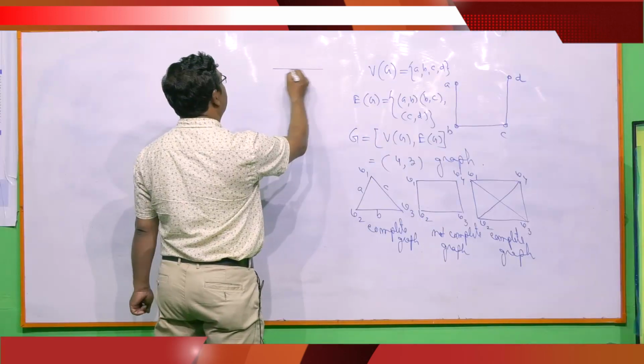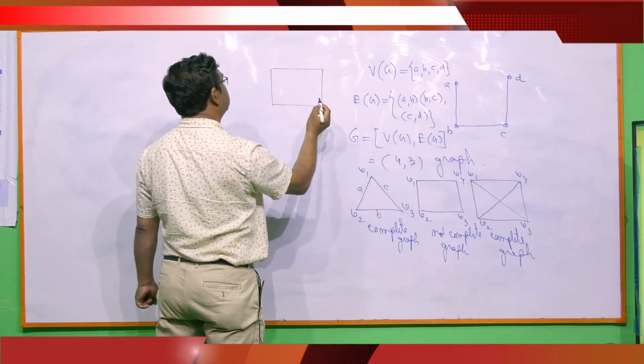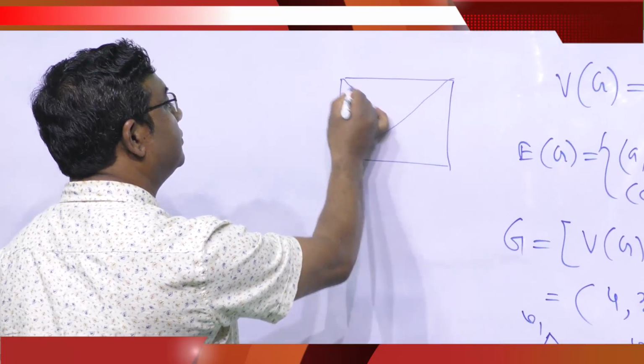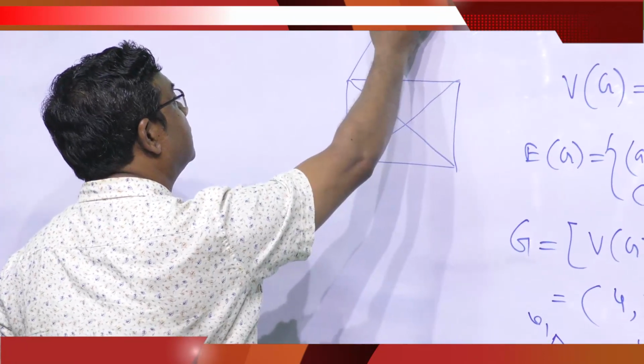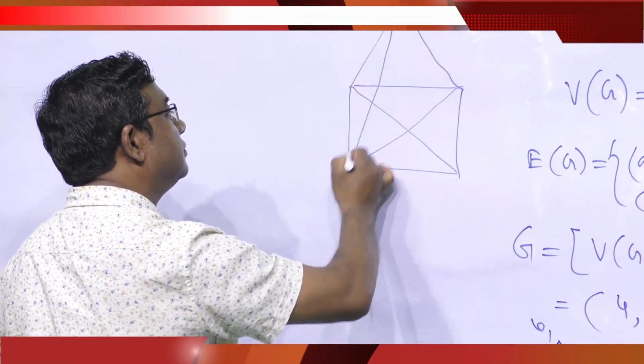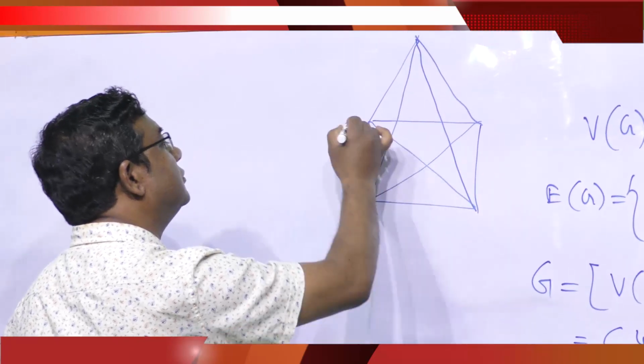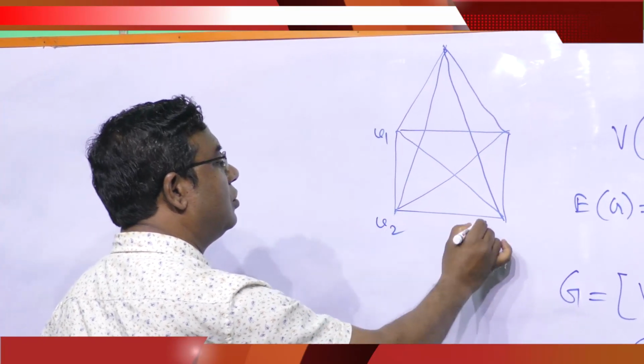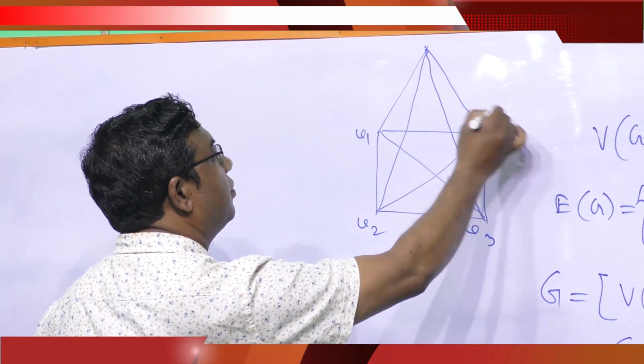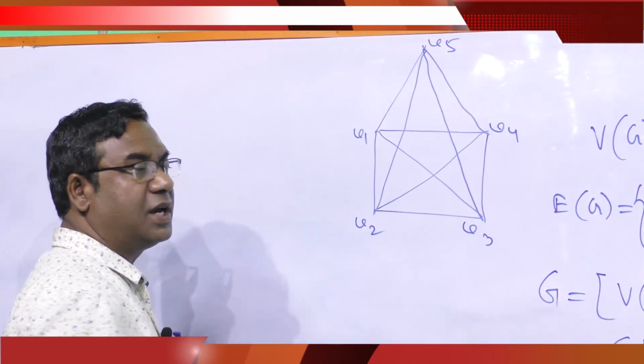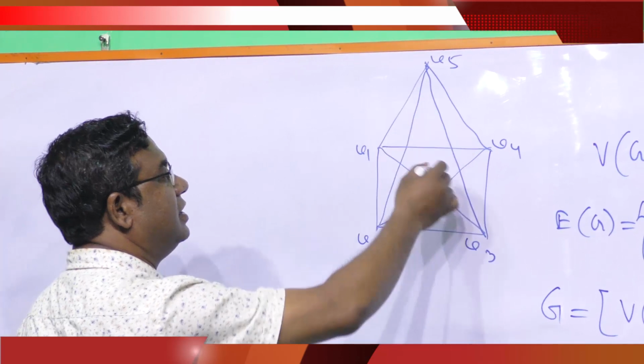And suppose there is a graph like this. This is V1, V2, V3, V4, V5. These are the vertices and these lines are the edges.